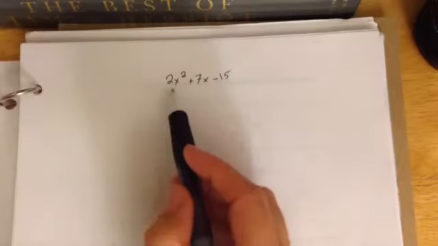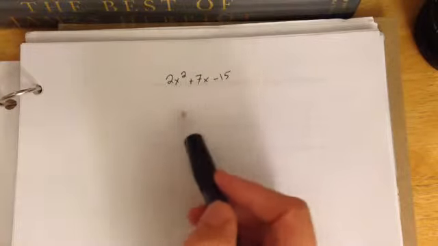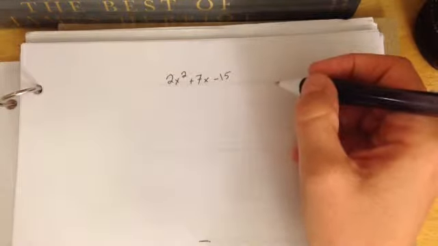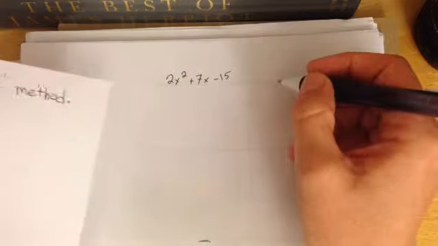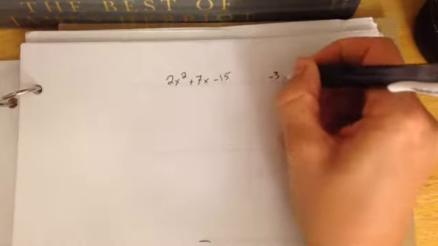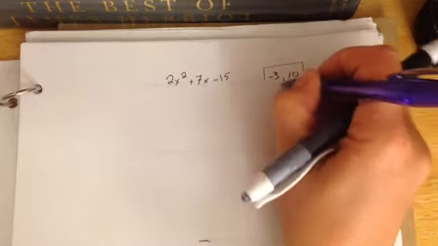So I started with 2x squared plus 7x minus 15. And I just found my 2 magic numbers using the A times C method. And those numbers were, what were they? Negative 3 and 10. So a little reminder that these were our magic numbers.